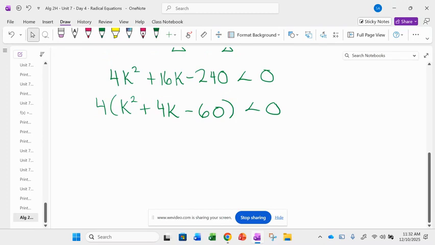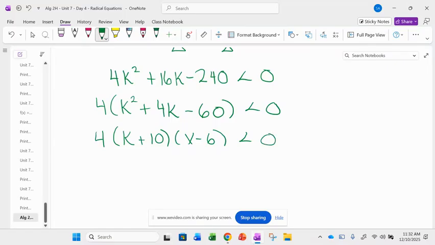I'm going to leave that 4 there as the GCF, and I'm going to factor. So we're going to have a k plus 10 and a k minus 6 is less than 0. So here we're not solving. We're getting our reference numbers. So our first reference number is -10, and our second reference number is +6.